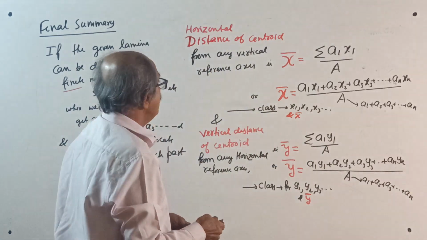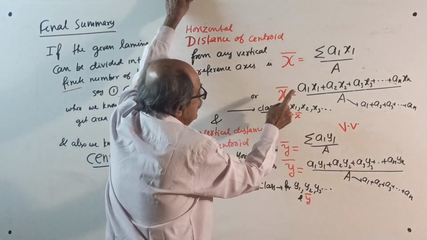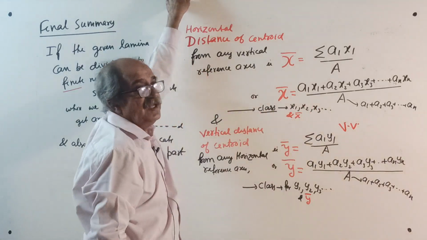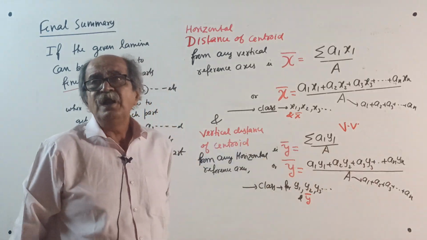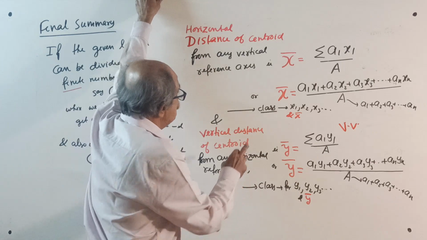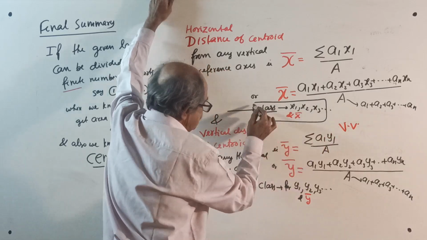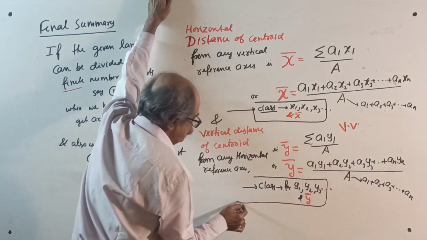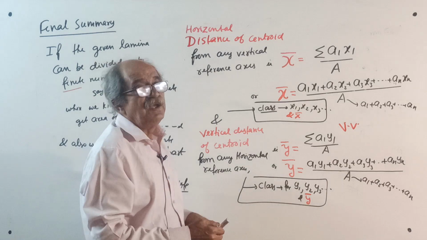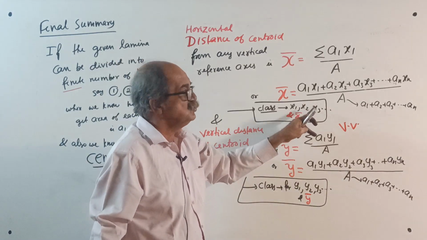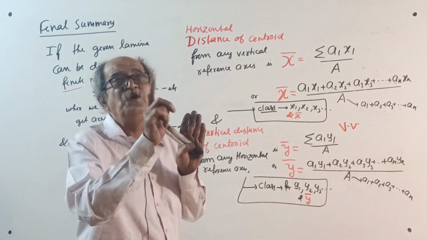Now, one very, very important point. x1, x2, x3 are distances of components, and x bar is for the entire area. You should make a firm note of this. When you consider x1, x2, x3, etc. from the reference axis, you decide the direction.